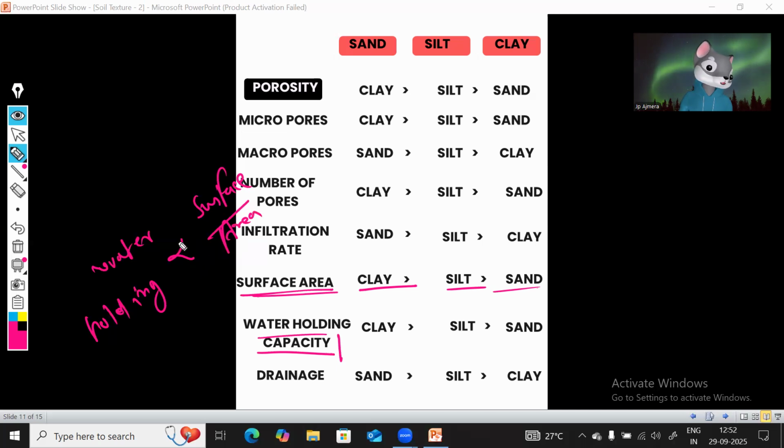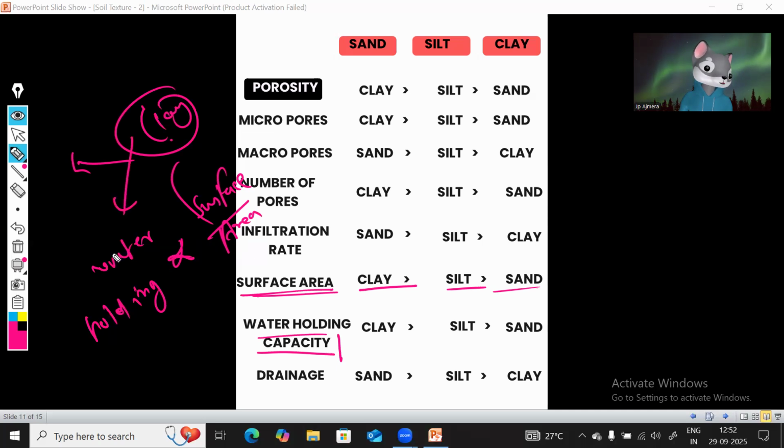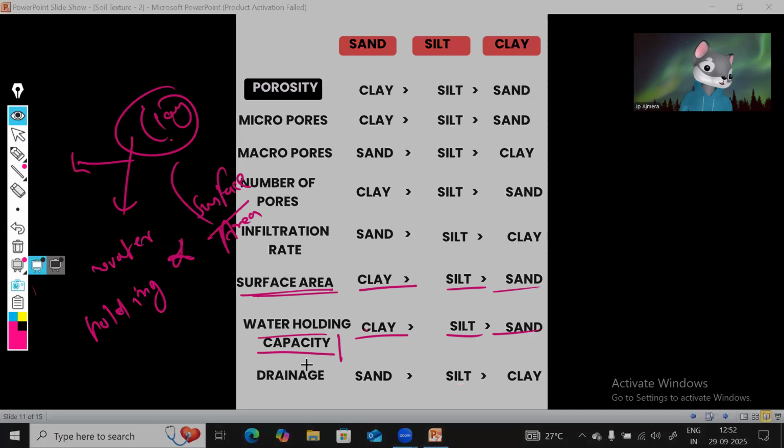Which one has a larger surface area? The soil that contains clay. So we'll go with clay first, then silt and sand. Drainage we will discuss.